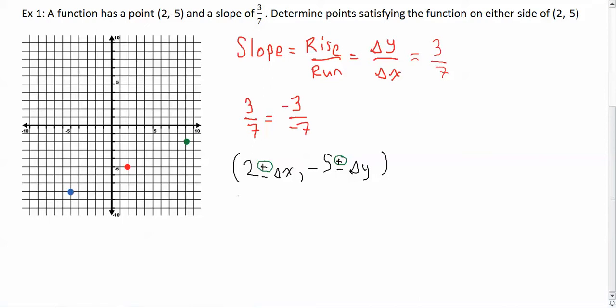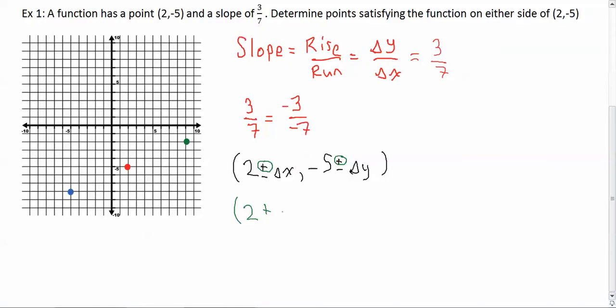There it is. So I'm going to have, for my green point, 2 plus my change in x. Now, what's my change in x? So delta x here, remember, is on the bottom. So ordered pairs come in x first, then y, but your slope comes delta y over delta x. So don't get those two confused.